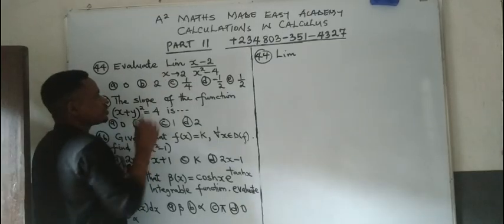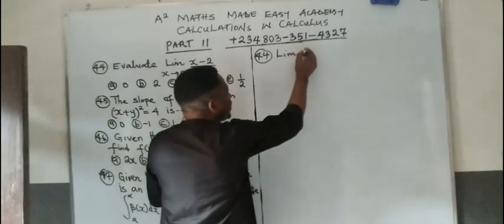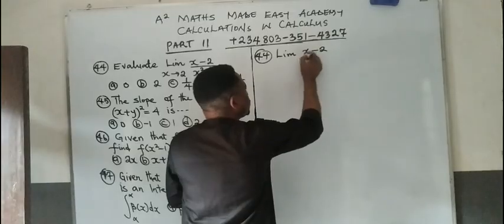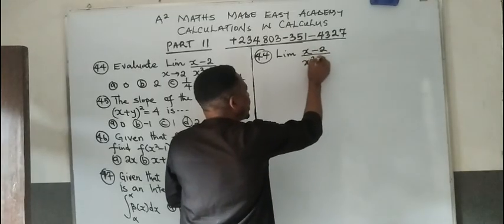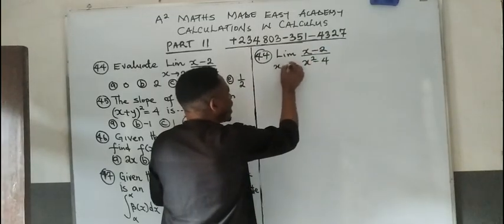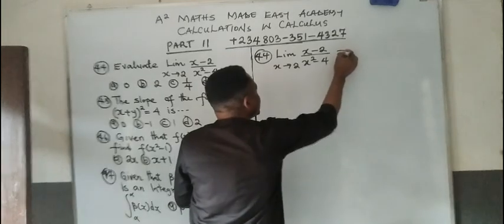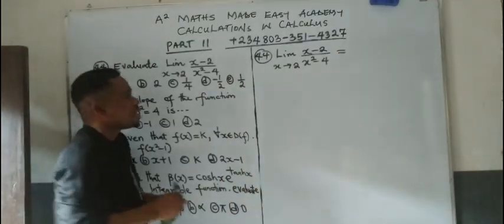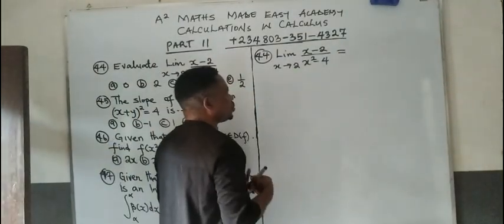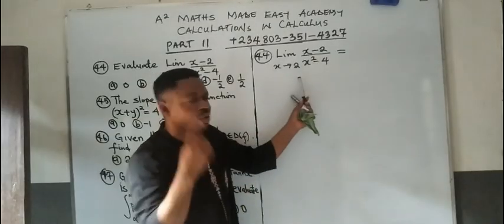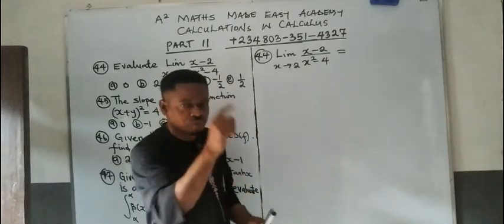Here x tends to 2, right? So we are given the limit of x minus 2 all over x squared minus 4 as x approaches 2. Now here x approaches 2, meaning that anywhere we come across x, remove it and introduce 2.